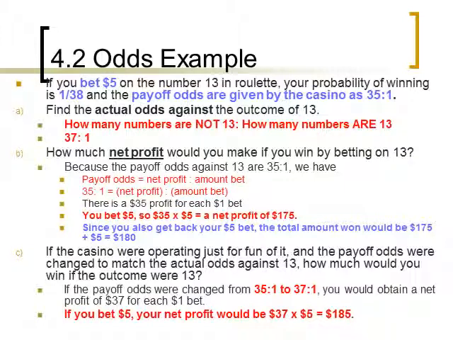So we got 37 to 1. And so in that situation, we would be paid $37 for each $1 bet. So if we bet $5, our net profit would be 37 times 5, or $185. Then you could also add the $5 back to get $190 as your total win.